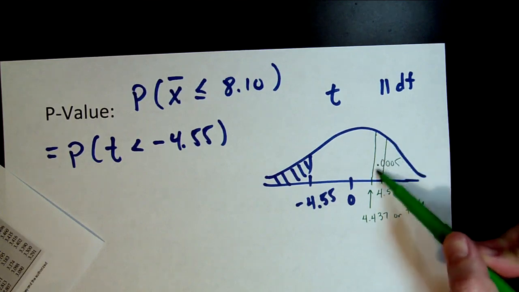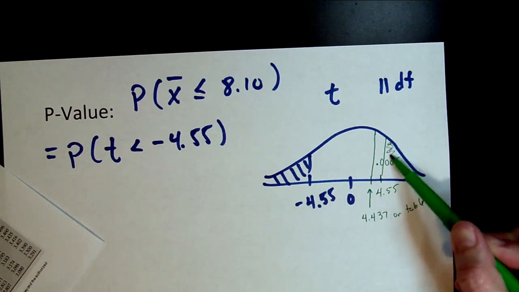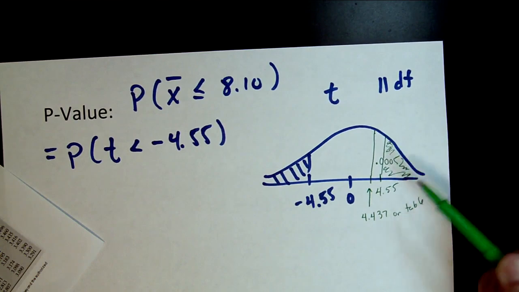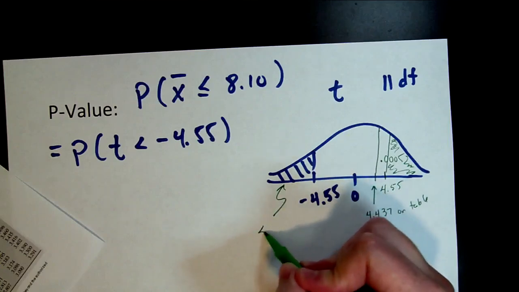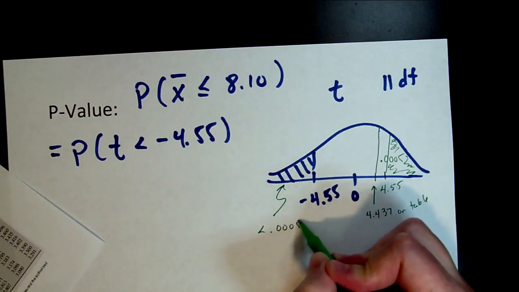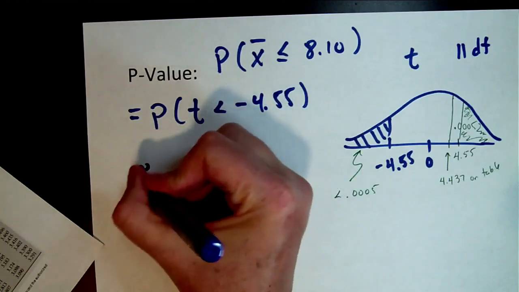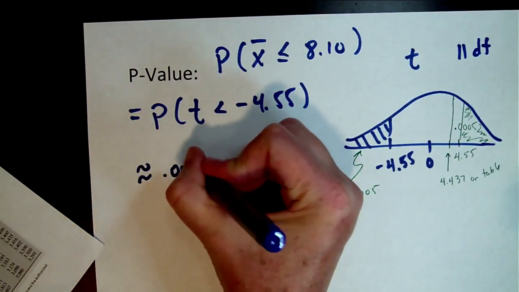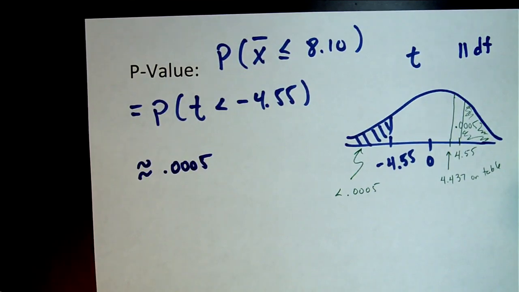This whole area up to here is 0.0005. So this area is less than 0.0005, which means similarly this area is less than 0.0005. Okay, but we'll go ahead and use 0.0005 as our approximation, and then the issue is whether that is less than the level of significance.